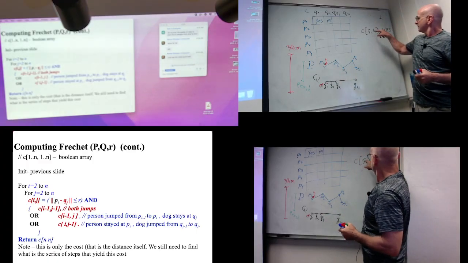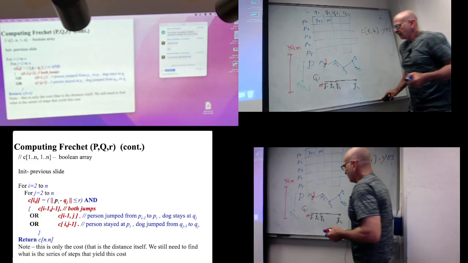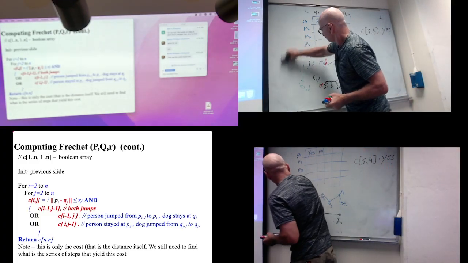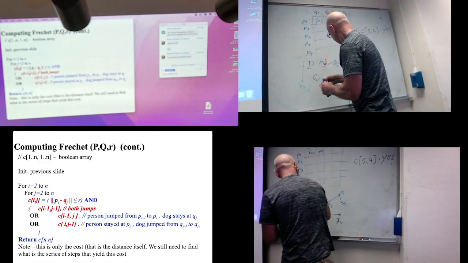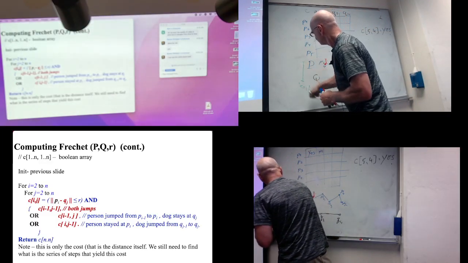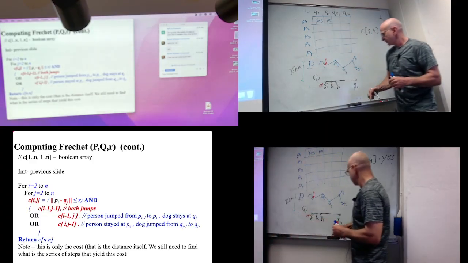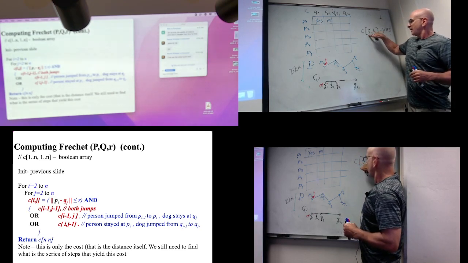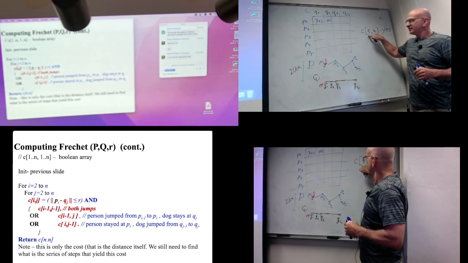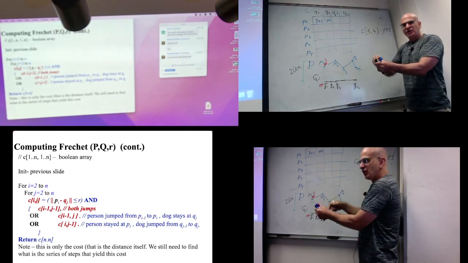I'm looking at P5, I'm looking at Q4. Right now, this is the length of my leash. Let's say 20 centimeters. I'm asking, since they must end at Pi, Qj, we're talking about the whole Frechet of the prefixes.